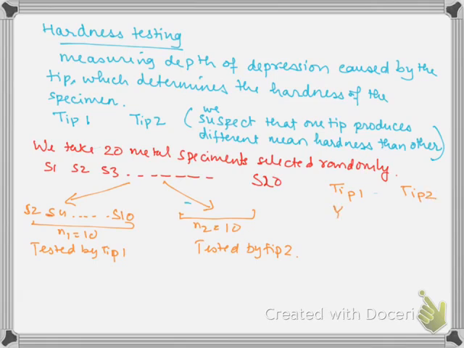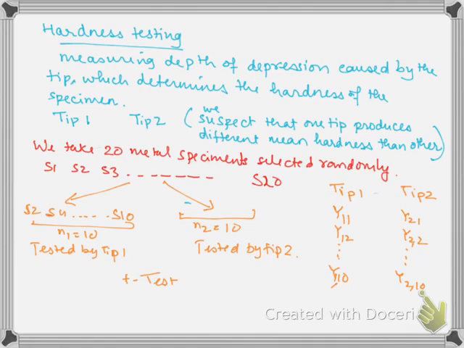Let's say the first measure of hardness for the first observation in the sample for tip 1 is Y11, then Y12, up to Y110, and here you get Y21, Y22, up to Y210. And then you can just use a t-test to compare them.